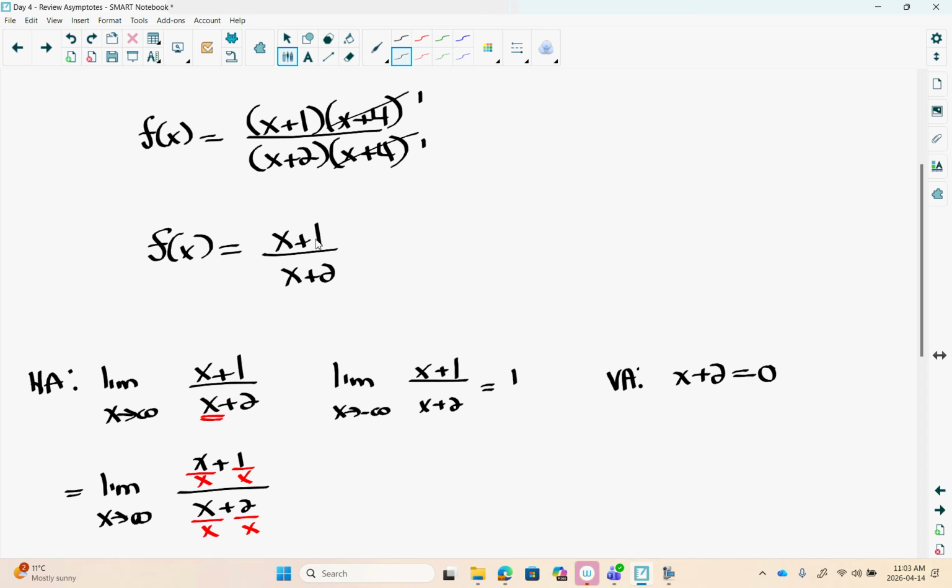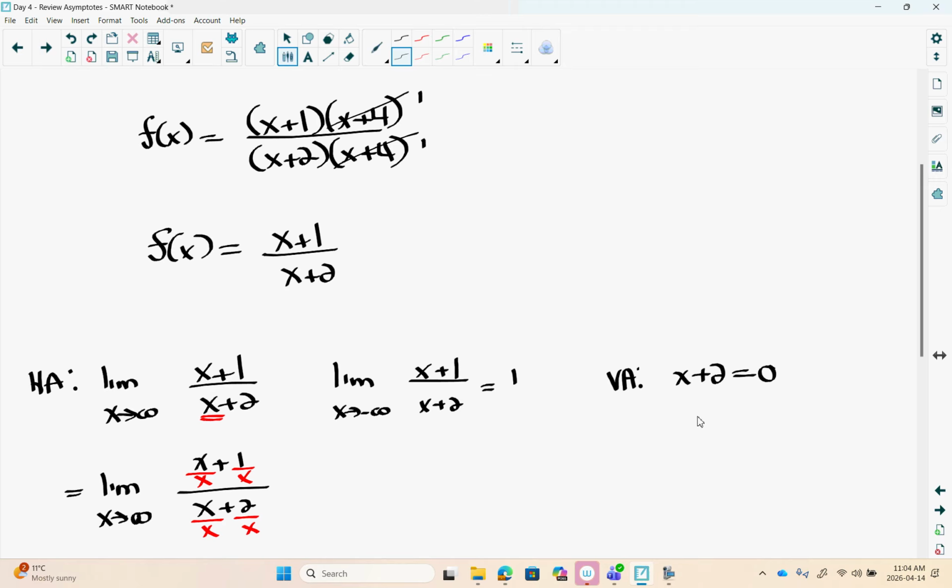Like what value would make the numerator 0? What plus 1 equals 0? Negative 1. Good. Do you know what happens when x equals negative 1? That was from the first lesson we did. That is your x-intercept. Okay?